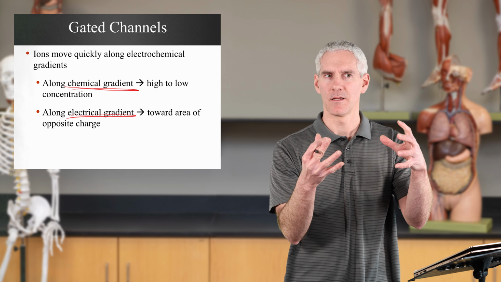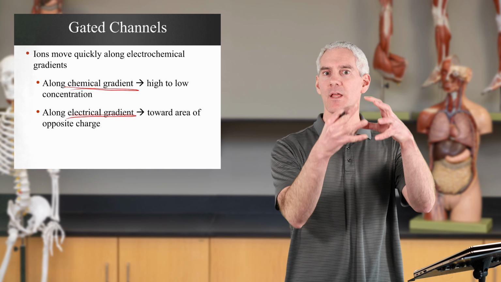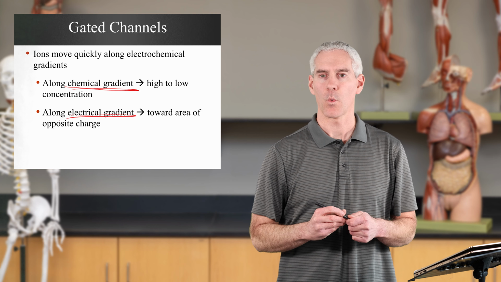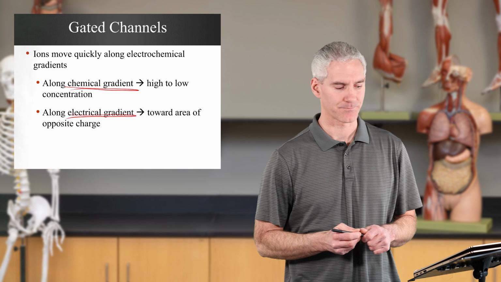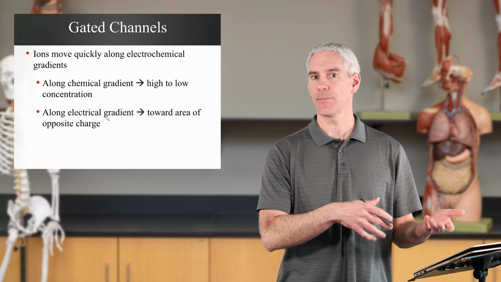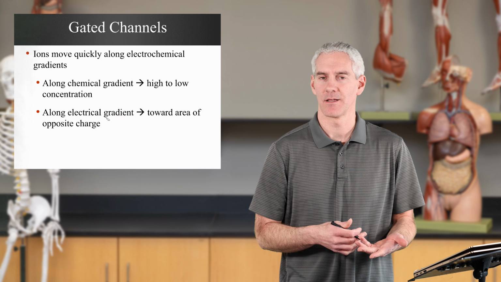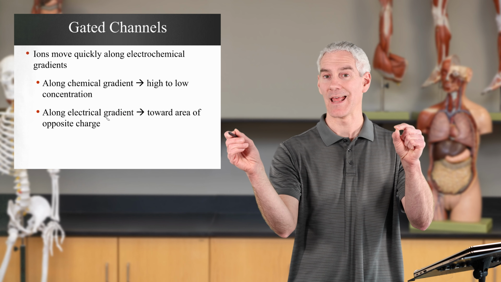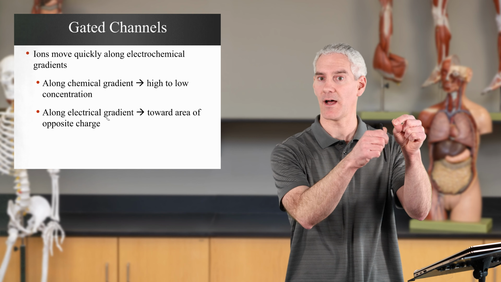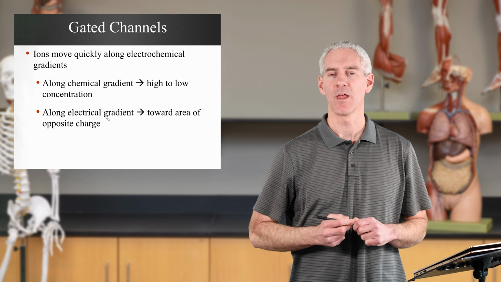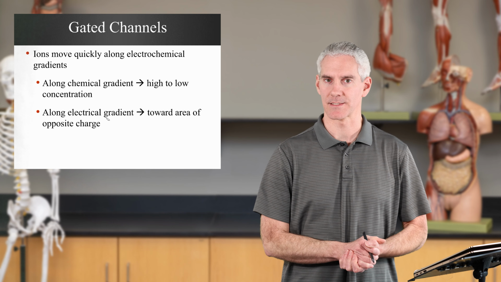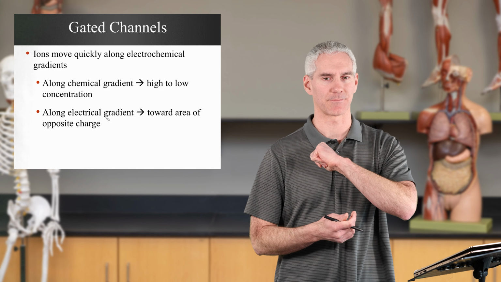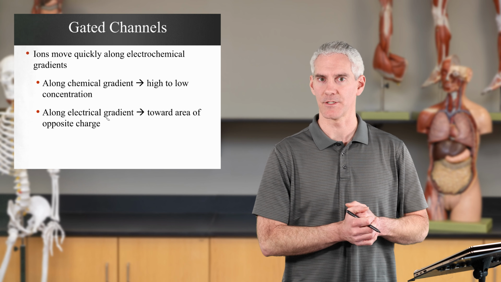No, they want to repel. Opposites attract. That positive wants to move forward to the negative environment ahead of it, where the channel hasn't opened up yet. So that's where you get this chemical gradient and electrical gradient, because both the concentration gradient, high to low, and the electrical gradient, positive attracted to the negative over there, that's the electrochemical gradient. That's what moves the sodium ion down the axon, or for that matter, down the muscle fiber too.